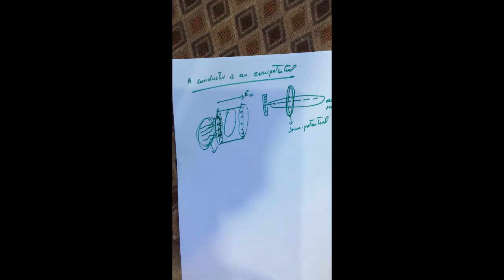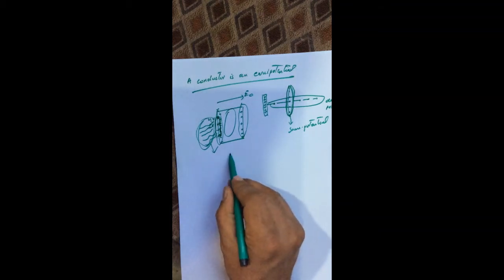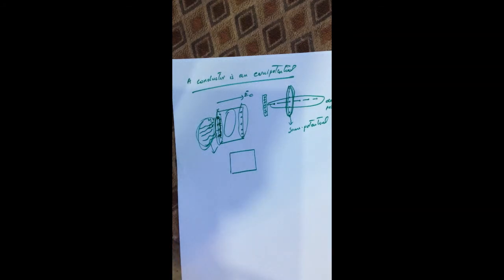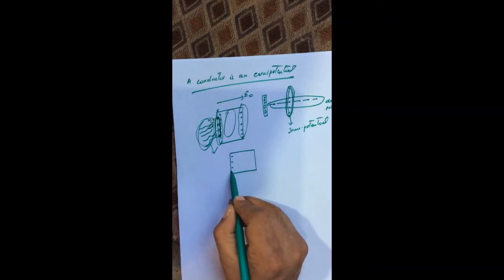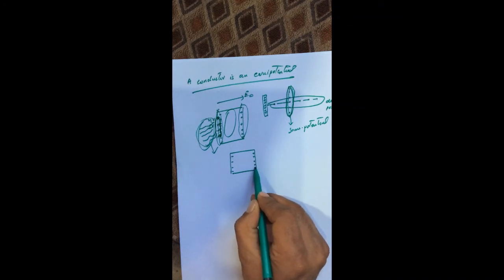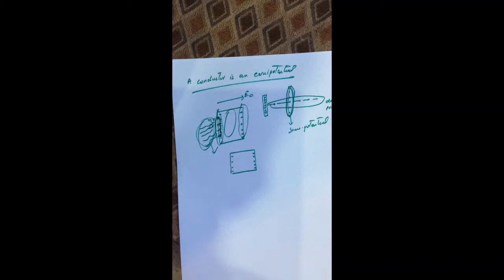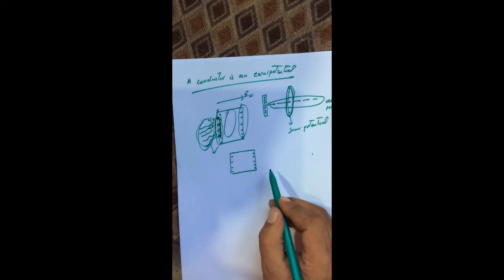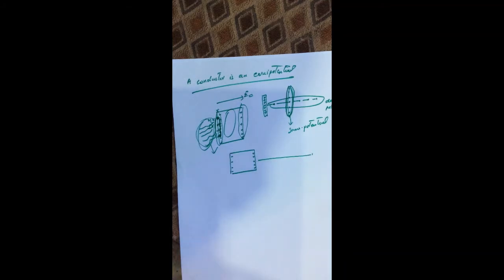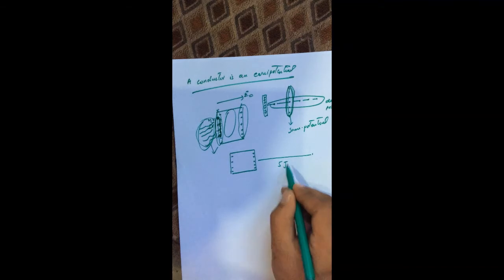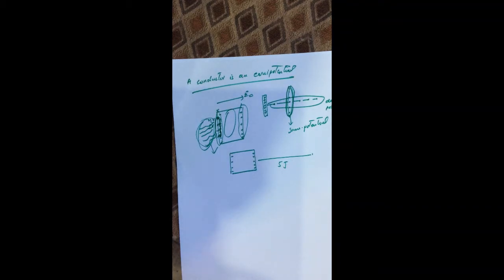For that, let's suppose this is negative charge and this is positive charge, and suppose a test charge is brought from infinity to the surface, and for that I need, let's suppose, 5 joule work, to bring this charge from infinity to the surface of this conductor.